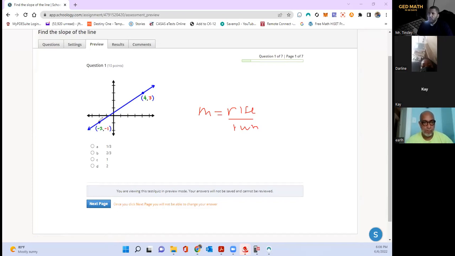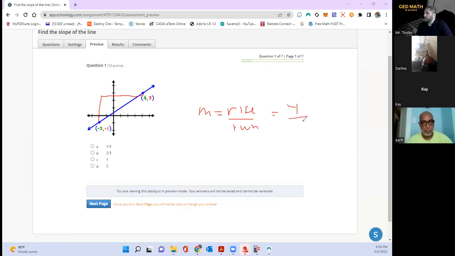How many do I have to go up to get to this point? Let's count. 1, 2, 3, 4. Okay, so I had to go up 4. So my rise is 4. Let's go over. 1, 2, 3, 4, 5, 6.